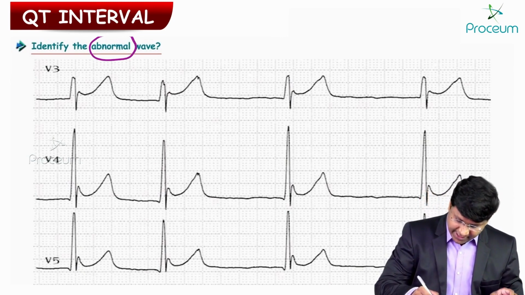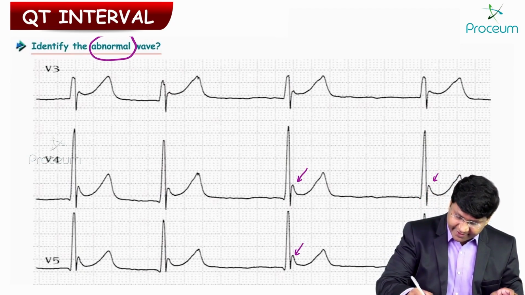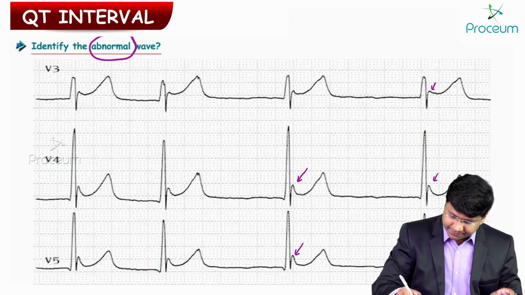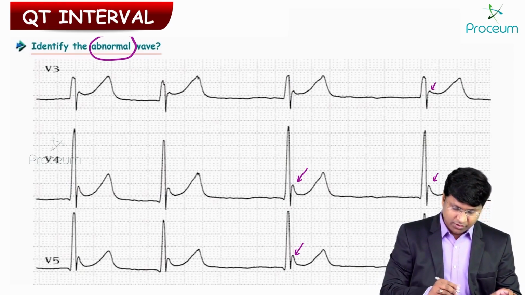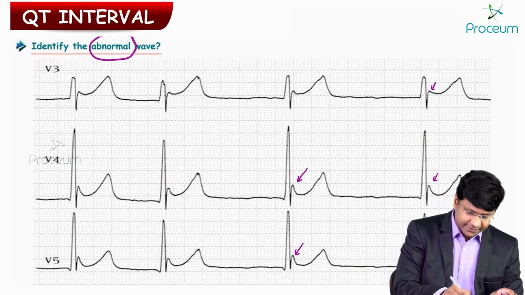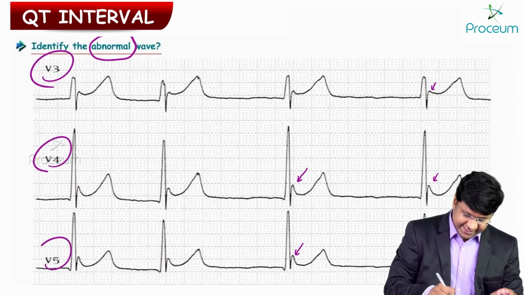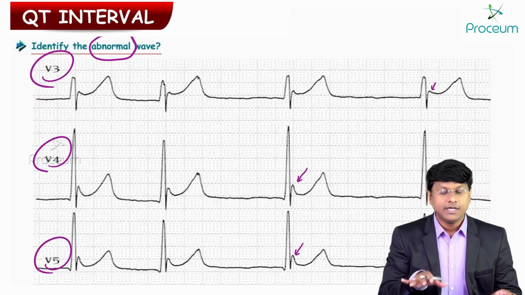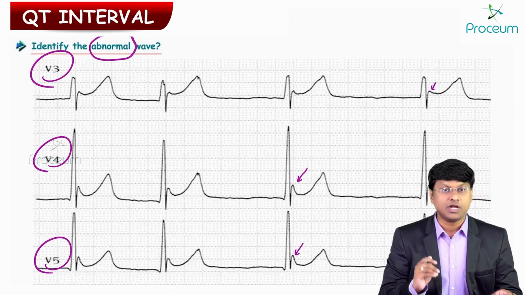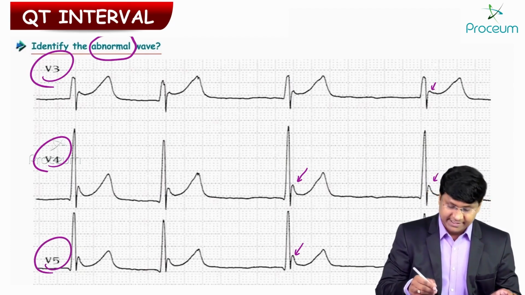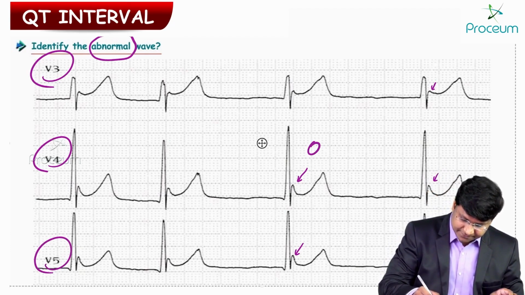At the J point, you have a blip, in almost all the leads like V3, V4 and V5. This small blip at the J point is nothing but your Osborn wave.